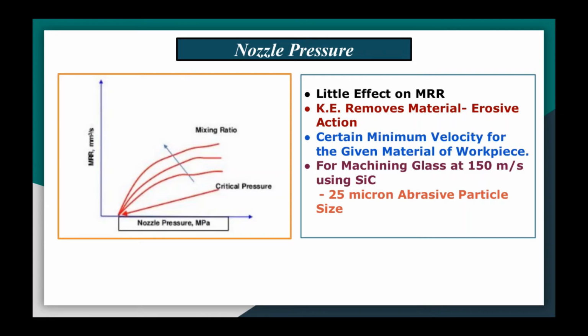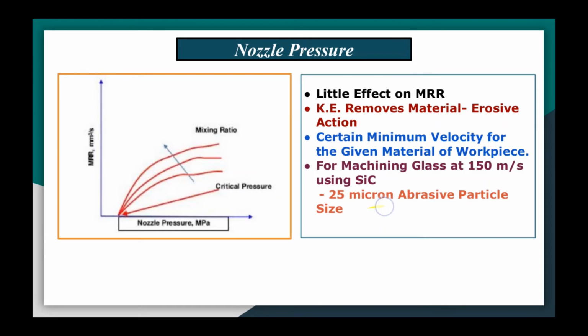Kinetic energy is responsible for the material removal, right? That we know. So this is responsible for the erosion action that we have already discussed. A certain minimum velocity for the given material of the workpiece is needed. That I have already explained. That is the critical pressure. For machining glass at 150 meter per second using silicon carbide, you need to use 25 micron size abrasive particles.